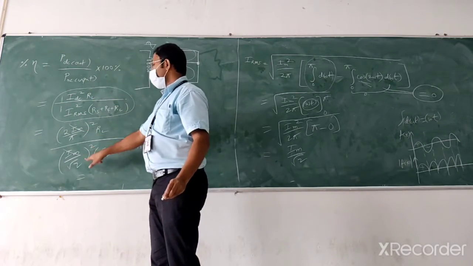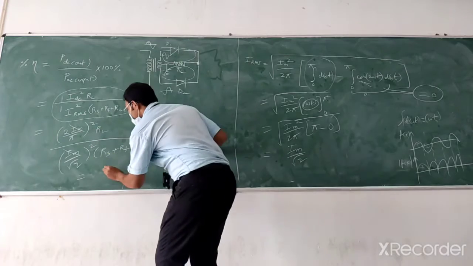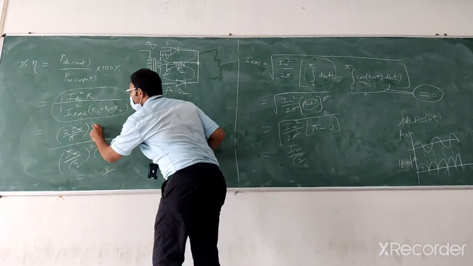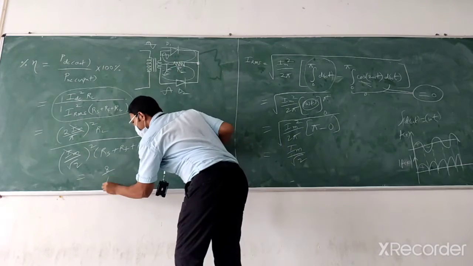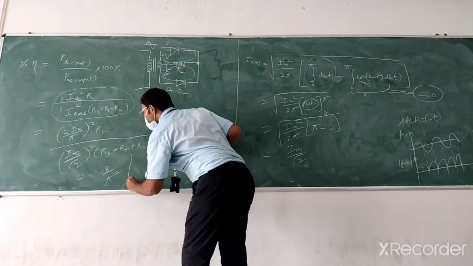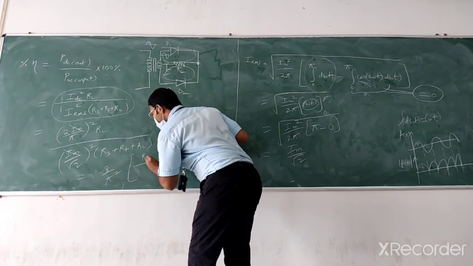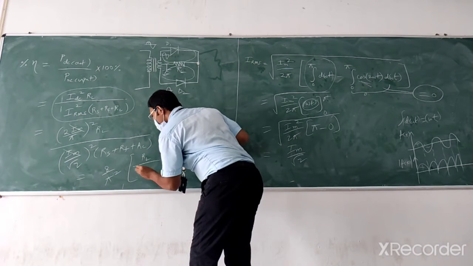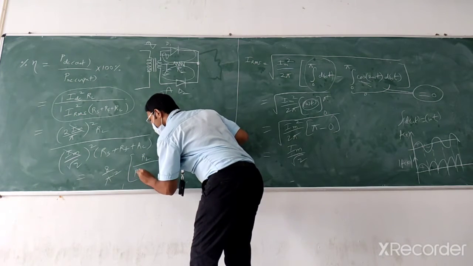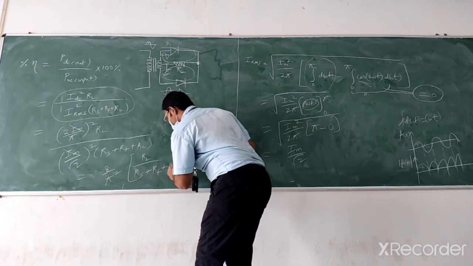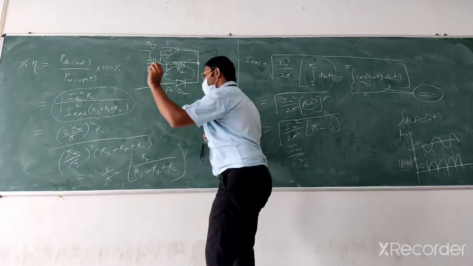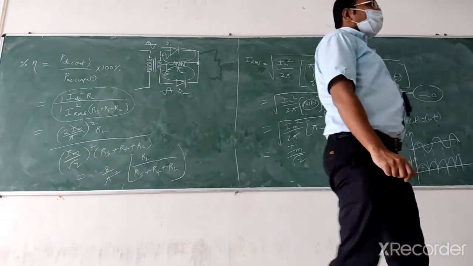So 4 into 2, 8. 8 by pi square into RL by RS plus RF plus RL. Right?